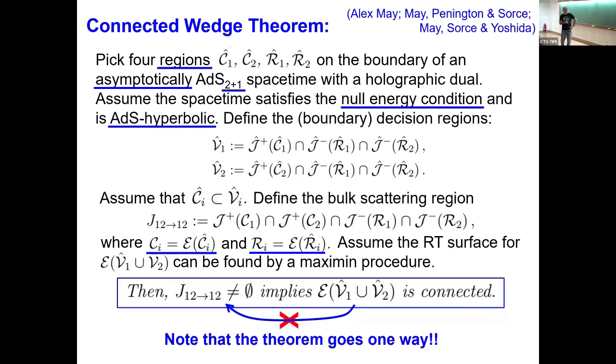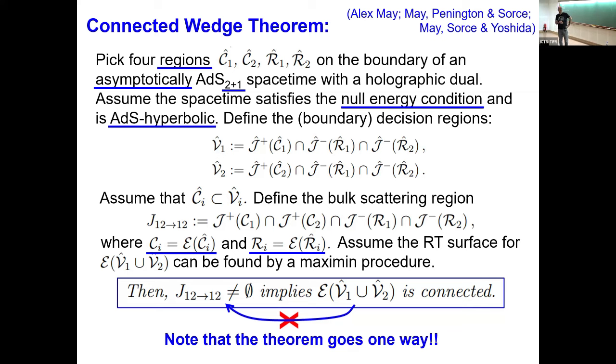But the key idea is that we define these decision regions in the boundary using the causal future of my two input regions and the past of my output regions, and I look for a scattering region in the bulk, which corresponds to this particular intersection.